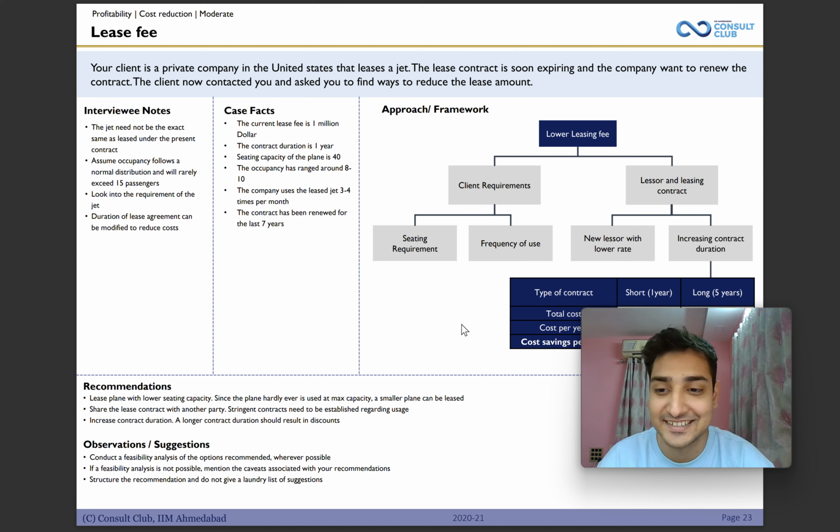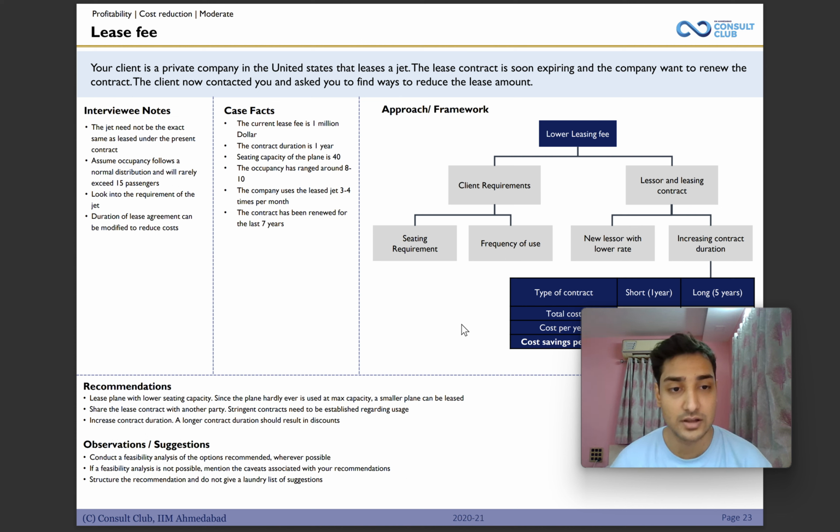Very interesting suggestions if you have to take notes. It's really important that we don't just pick suggestions here and there and throw them at the interviewer. We should present them in a very structured approach. The second one is also very important: to have a feasibility analysis. And if it's not possible, mention the caveats associated with the recommendation.